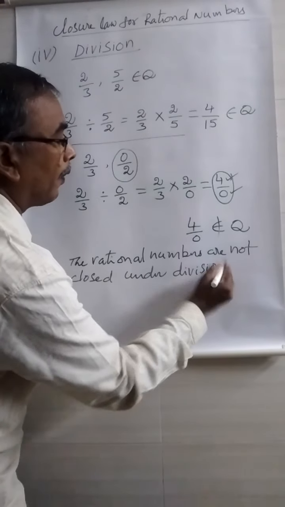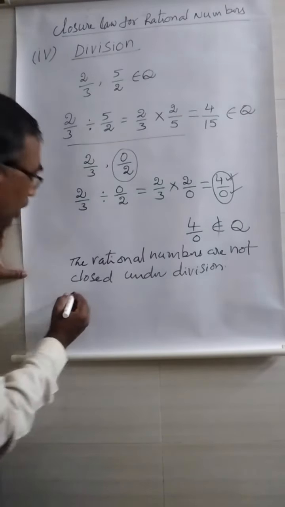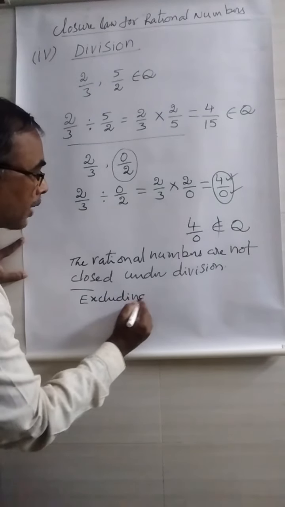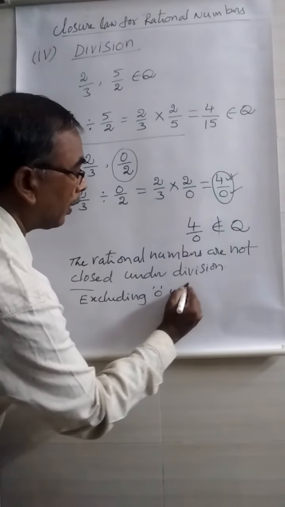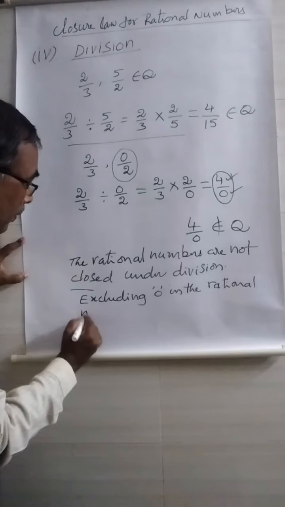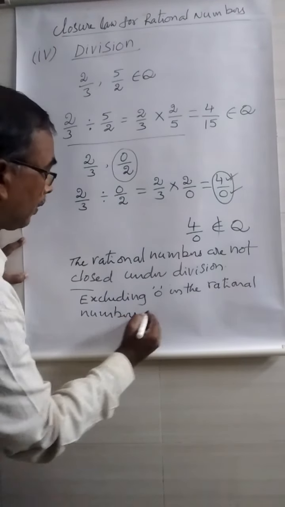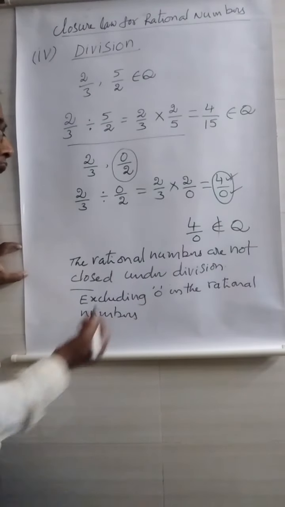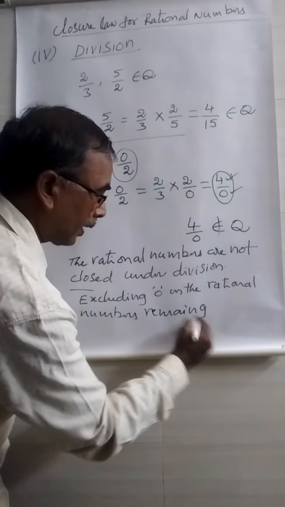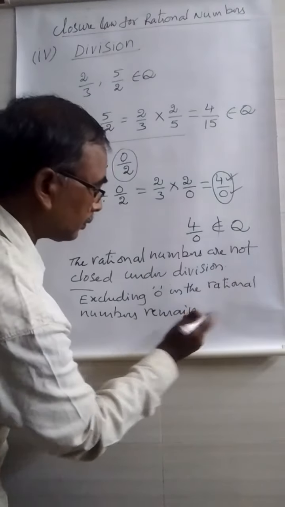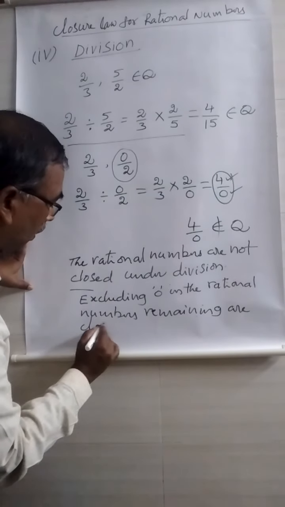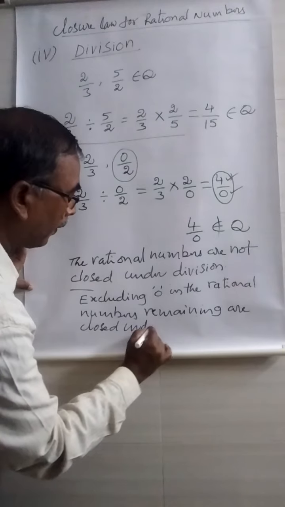When it is possible, excluding 0 in the rational numbers, the remaining are closed under division.